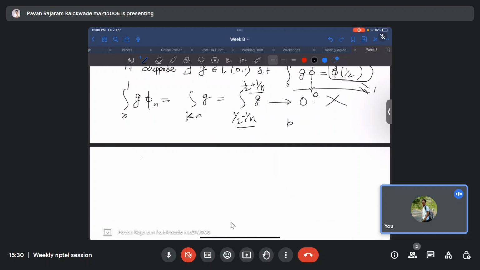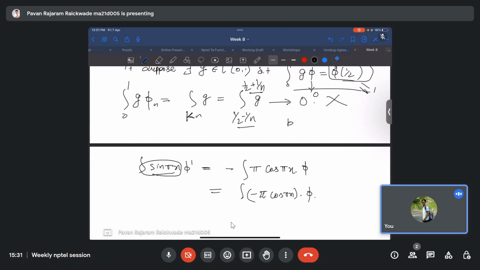If we take the integral of sine pi x times phi dash, by integration by parts we get sine pi x times phi evaluated from 0 to 1, which is 0 since phi 1 minus phi 0 is 0, then minus the integral of the derivative, pi cos pi x, times phi. So this is the integral of minus pi cos pi x times phi.